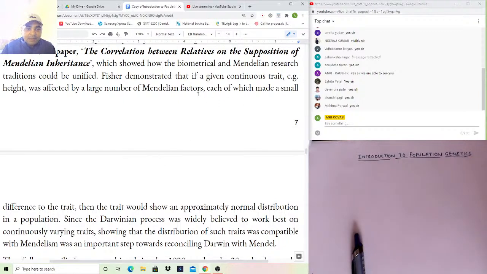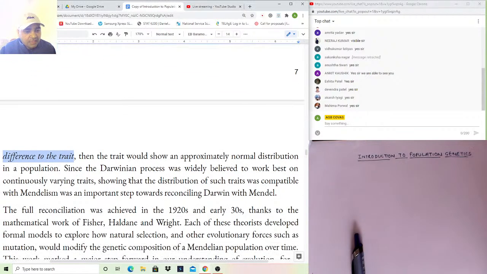This is very important: if a given continuous trait like height was affected by a large number of Mendelian factors, each making a small difference to that trait, then the trait would show approximately normal distribution in the population.